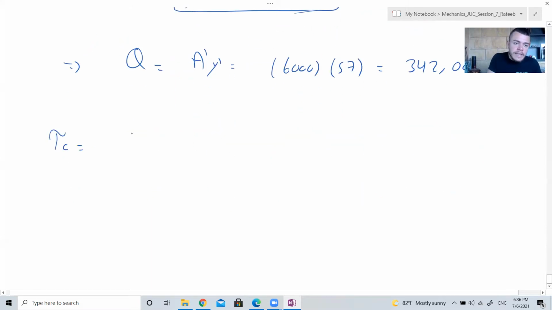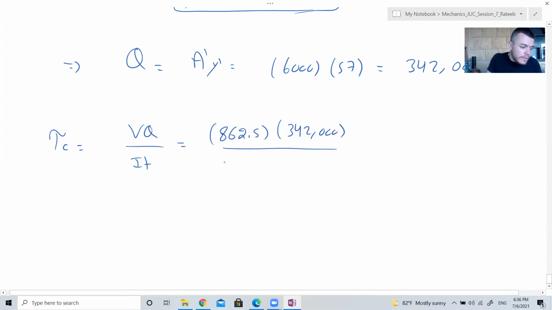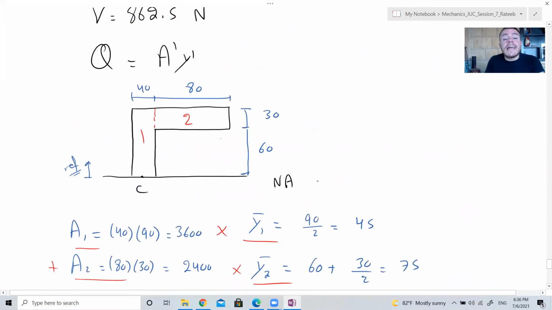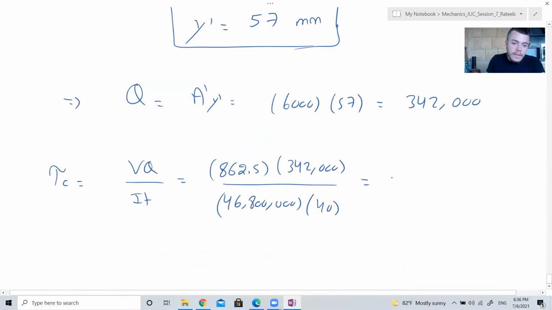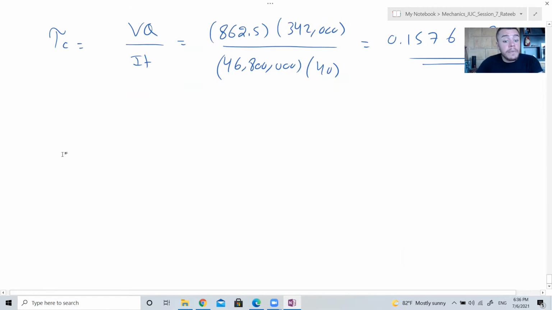And therefore, tau at C is VQ over IT, which is 862.5 times Q, which is 342,000, divided by I multiplied by T. What is the thickness at C? The shear comes out to 0.1567 megapascal at C.